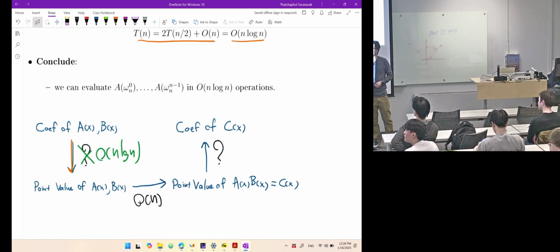More questions? On a higher level, this first step, with the down arrow, are we generating endpoints, or are we evaluating A and B?